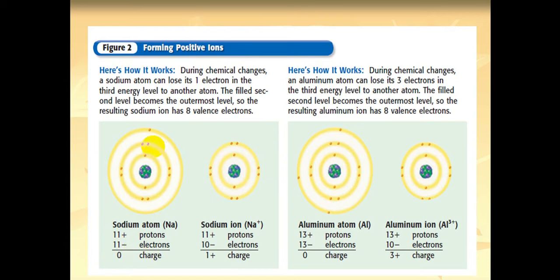Okay? When the atom of sodium loses this electron, it has now 11 protons, as we see here, and how many electrons? 10 electrons. And in this case, sodium is very stable because the outer shell will have 8 electrons. So we have 11 protons and 10 electrons, one extra proton, and this gives the sodium an overall charge of positive 1.